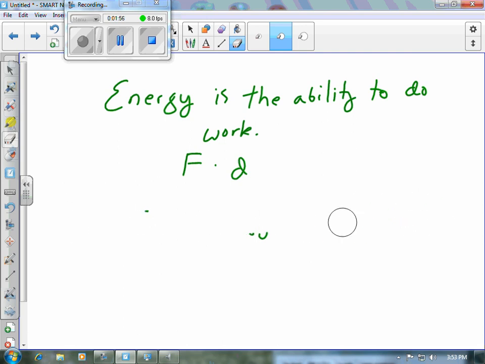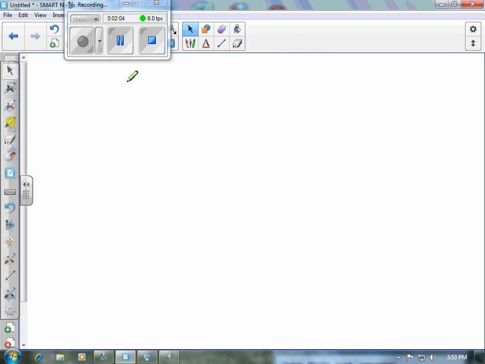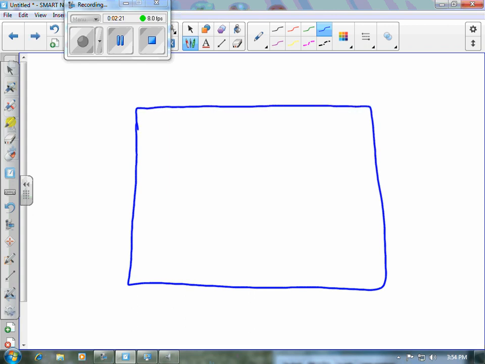So energy is the ability to do work, but there's another way of talking about it. This gets to a really important concept in science, which is that whenever you do physics, you are looking at a closed system. Let me show you what I mean. You are analyzing what happens inside this box.